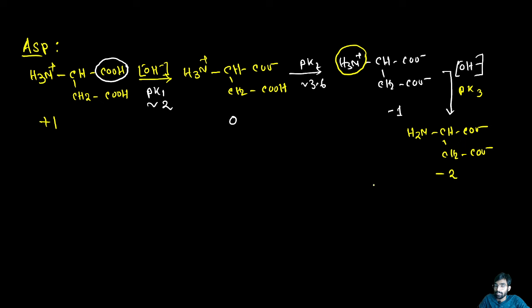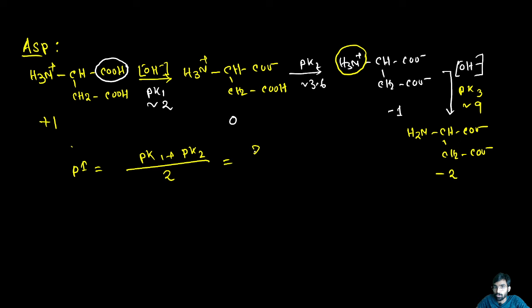Now if I tell you to find the pI, this pK3 is almost 9. Remember pI is always between plus 1 and minus 1. So what is plus 1 and minus 1? That is pK1 plus pK2 divided by 2.